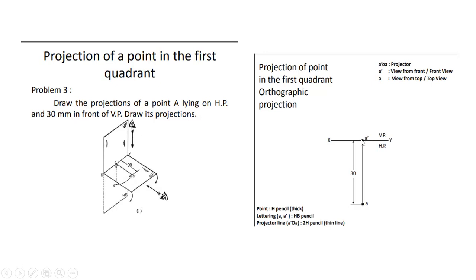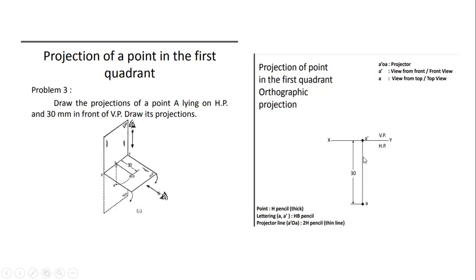Okay. Then the top view distance given here is 30 mm in front of the vertical plane. Already the point A is exactly lying on the horizontal plane. So now we have to turn the horizontal plane by rotating 90 degrees clockwise, so that the top view will be drawn below the XY line. See, in the orthographic view, the 2D representation, the point A is drawn at a distance of 30 mm from A dash.